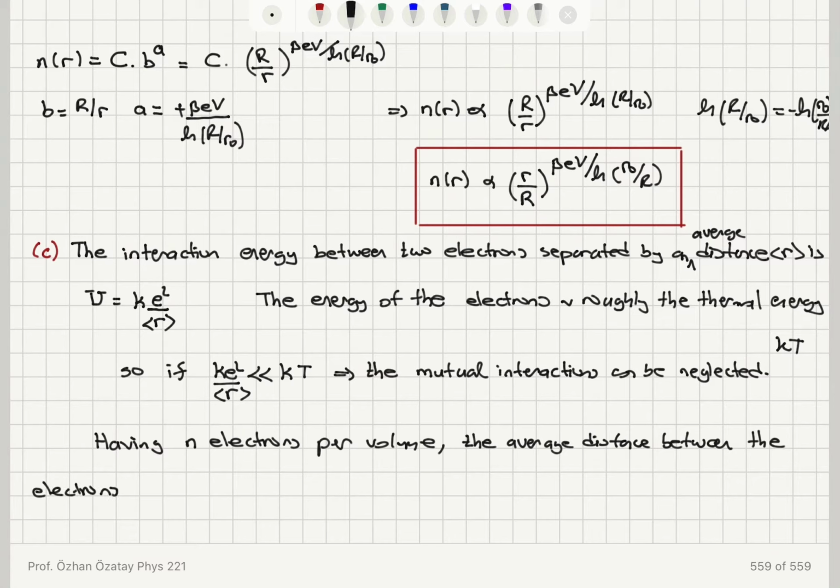So this is r, the average distance between the two electrons, will be approximately n to the power minus 1 over 3.